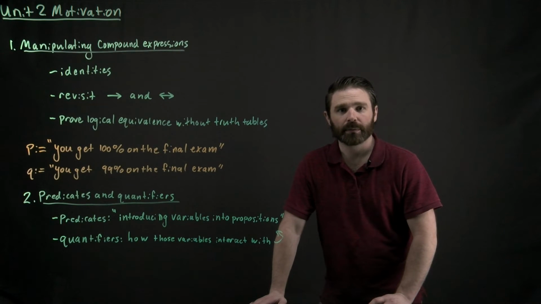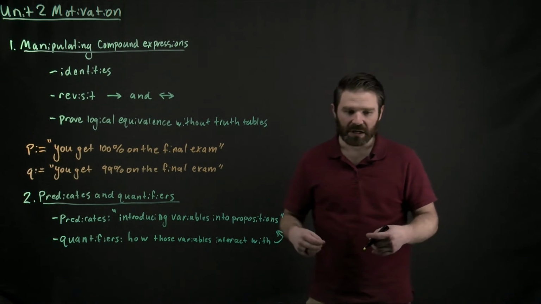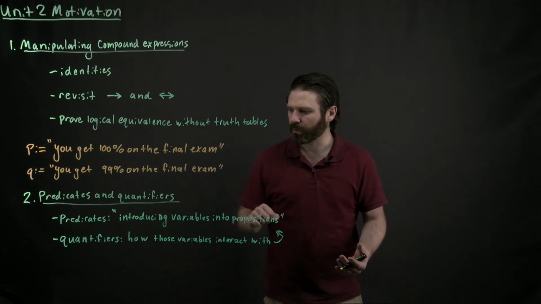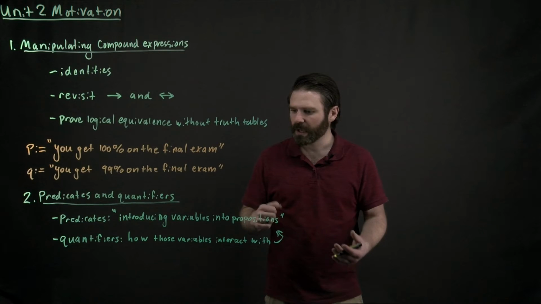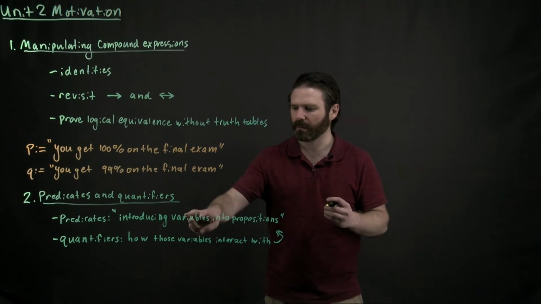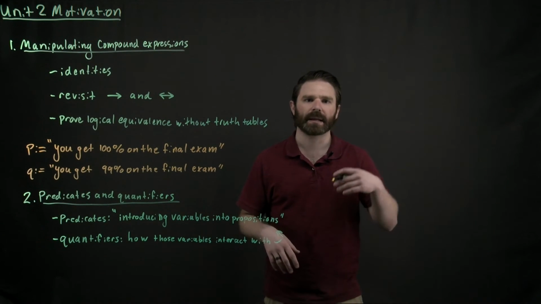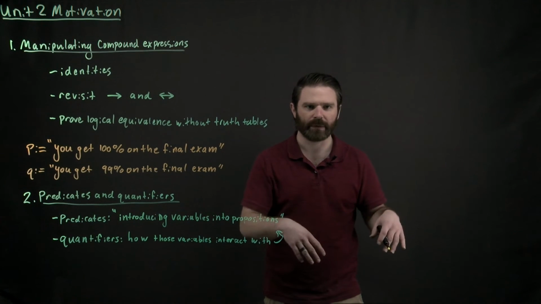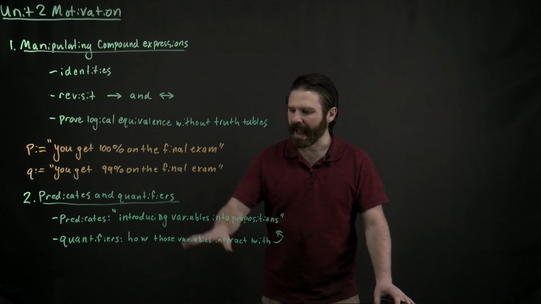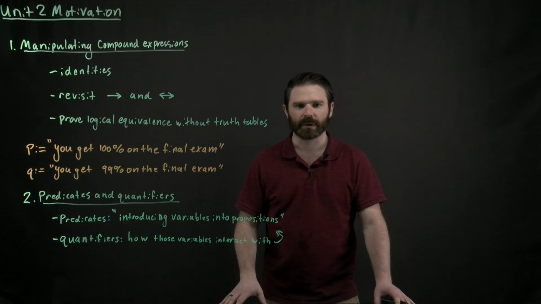Or maybe your algorithm produces a graph with a certain property. Then you might want a quantifier that says that, given some special kind of input, some special kind of variable, it's guaranteed that my algorithm is going to output some graph with this property. So quantifiers are going to tell us how the variables interact with the predicates that they're related to.